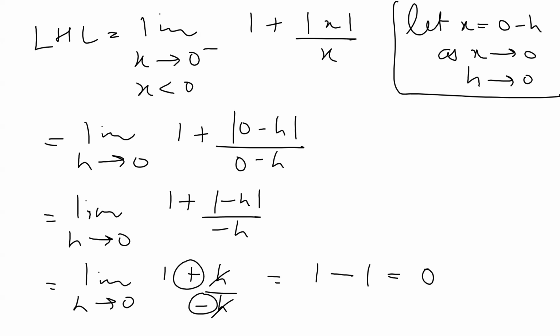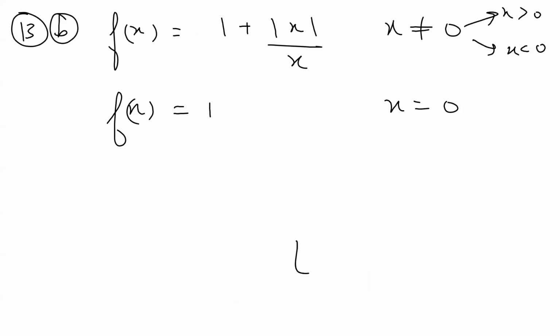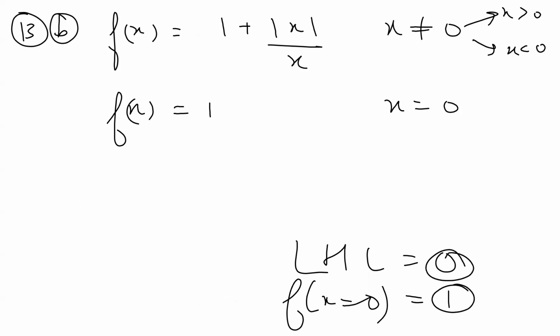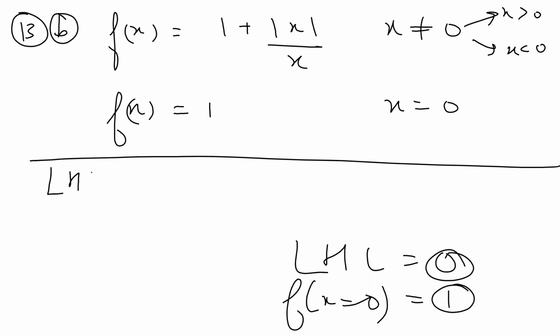So here LHL is equal to 0. Now ideally we don't require RHL because LHL we got 0, and f of x at x equal to 0 is 1. Both are not same. So ideally RHL is not really required because LHL is not equal to f of x at x equal to 0.